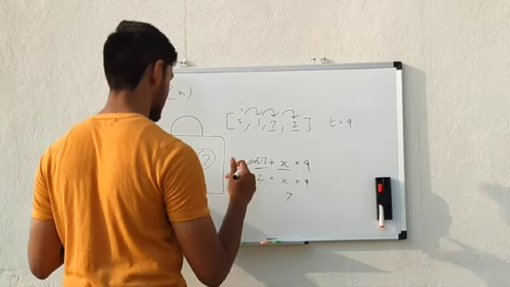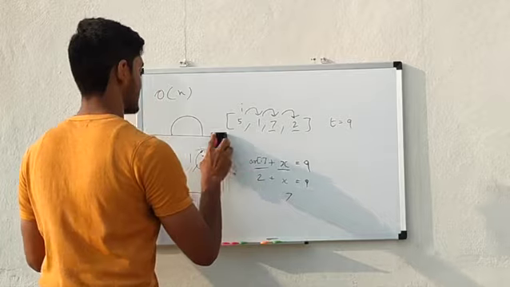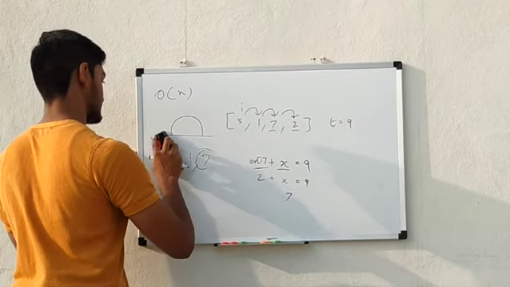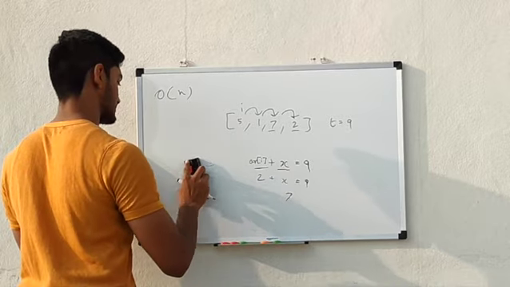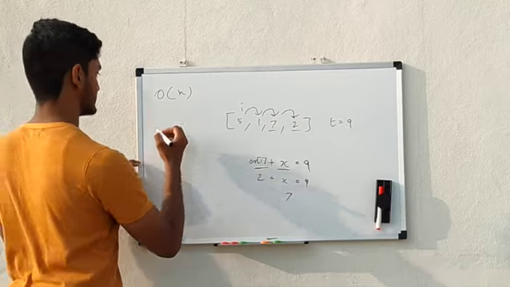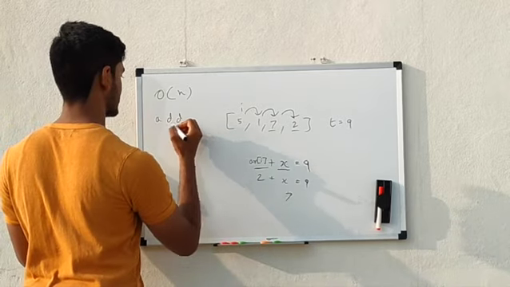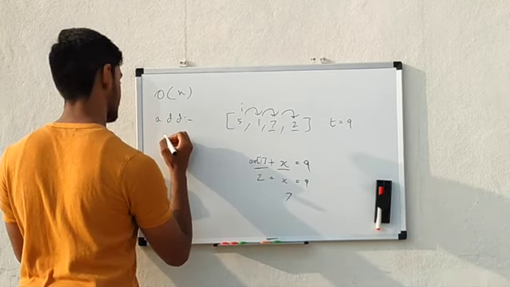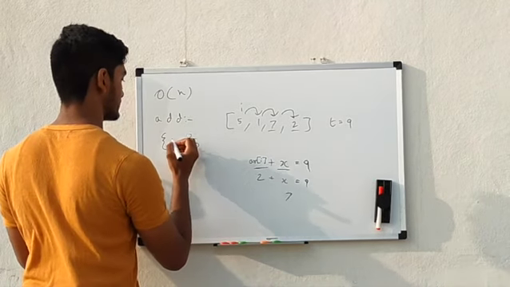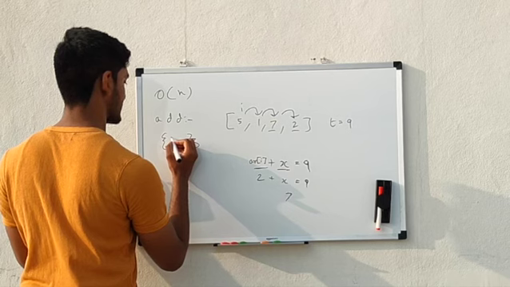So for adding in the bag, we'll use hash maps. So for adding, we'll use hash maps. A hash map basically stores a value based on its key value pair.